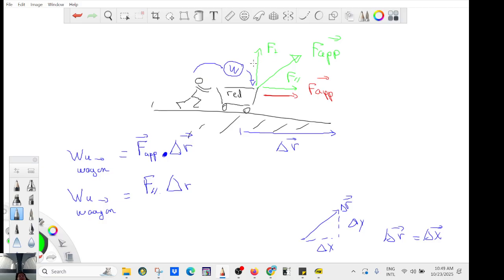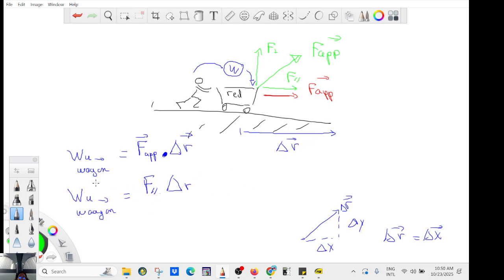This component here is just lifting up, but it doesn't help change the speed. Work is done only if the force can change the speed. So the dot product is just a mathematical tool. Here it just means the component parallel to the displacement. Do you agree?